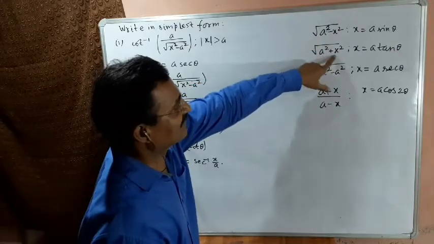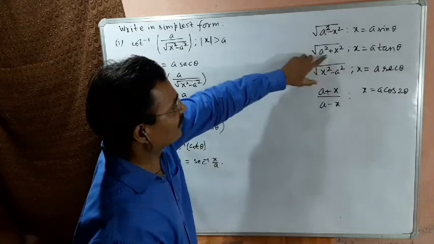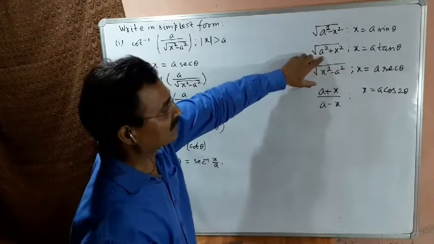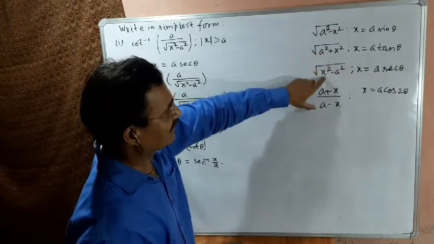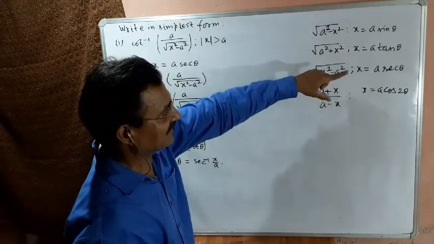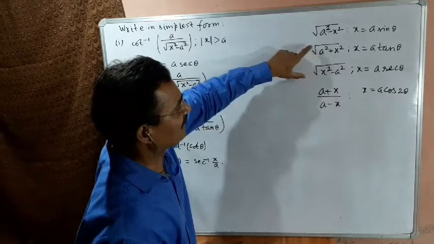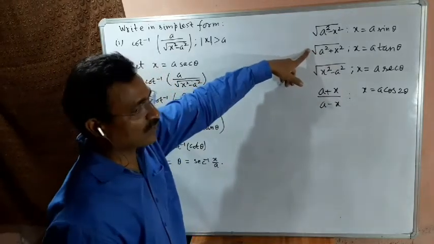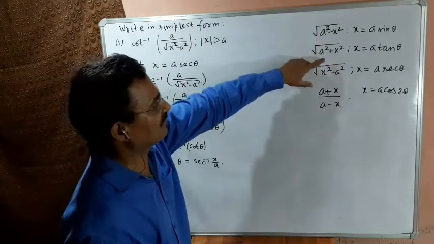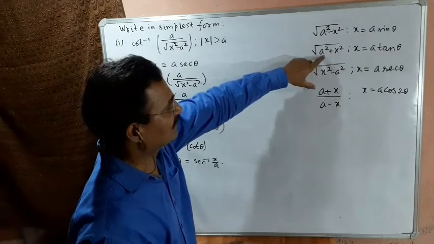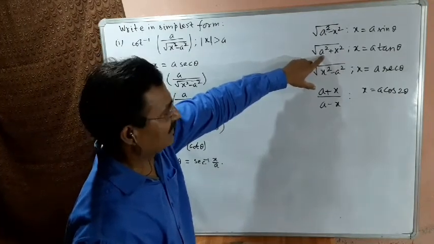Similarly, in this, x can be taken as a tan theta, because a square will be common, and 1 plus tan square theta will be sec square theta, and in this, x can be taken as a sec theta or a cosec theta. In this, we can take x equals a cot theta also, because if we take a cot theta, then this will be a cosec square theta.